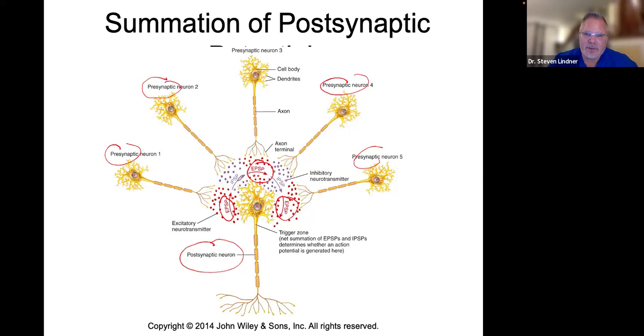And it looks like there's only two inhibitory. So the excitatory is going to win. If there's more excitatory, then these get canceled out, and you're going to have an excitatory postsynaptic potential, an EPSP, which results from the sodium channels opening, and that creates an action potential or depolarization.